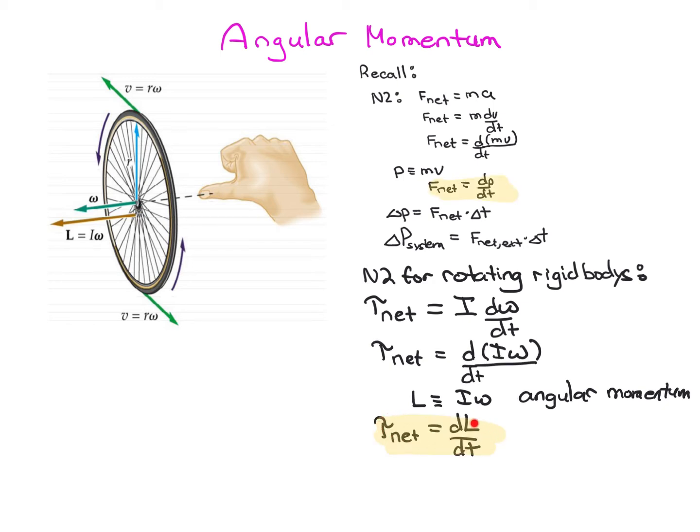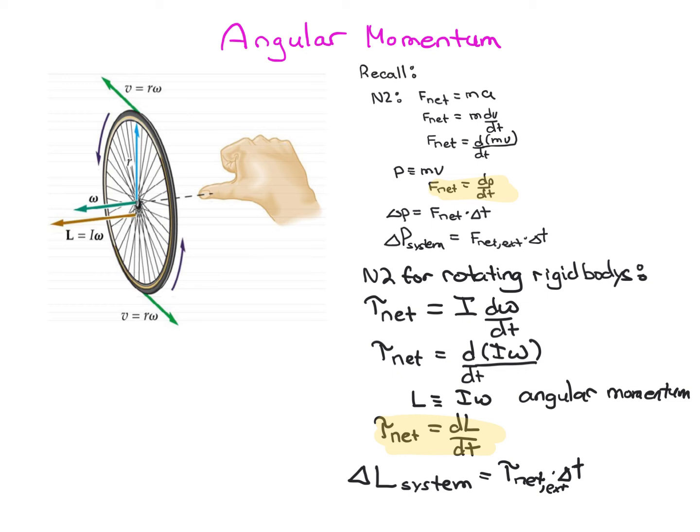And notice how this form exactly mirrors the way we wrote Newton's second law involving linear momentum. And again, by analogy to what we did above, we can say that the change in the total angular momentum of a system is just given by the net external torque on the system times the amount of time that torque is exerted.